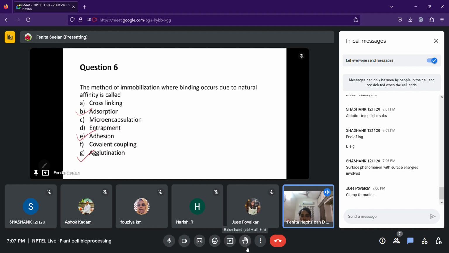So why did cross-linking, microencapsulation, covalent coupling, and entrapment not come under natural affinity? Because you are making them do that, right?